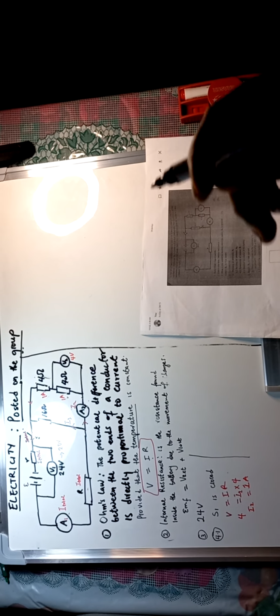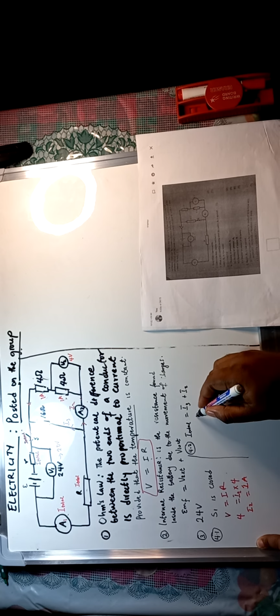Let's go back to the other question. They say the reading on A1. Okay, now they want the current for the total one. We want the total current. Remember we said that the total current must be the addition of I3 plus I2, because it's the total current that divides into this.